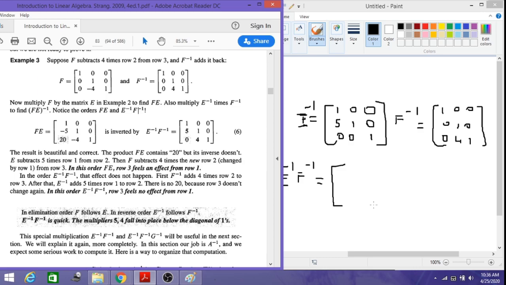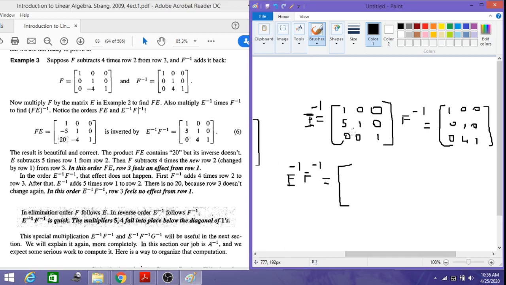So F into E gives this, and then for the inverse, let's see. I'll get 1, then 0 0, then we multiply and get 5, then 1 0.